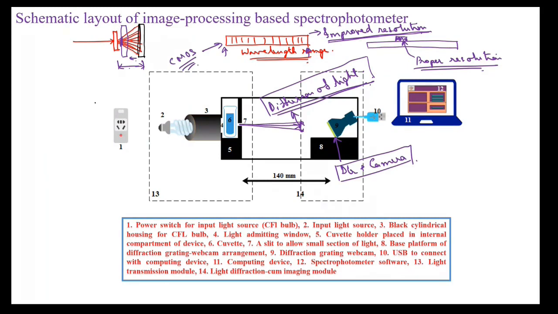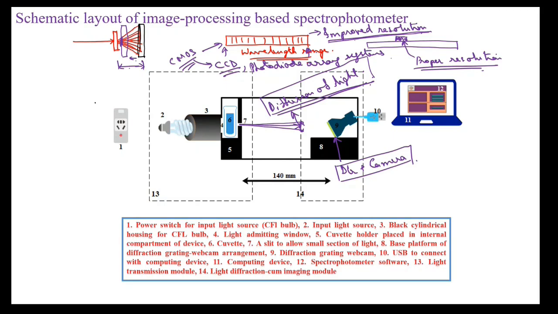In place of the CMOS sensor, it is possible to design a similar kind of arrangement using CCD imaging sensors, which are basically charge coupled detectors. Also, in the recent past, photodiode array systems have also been used.